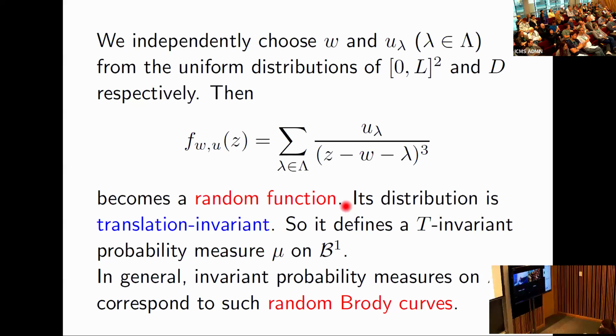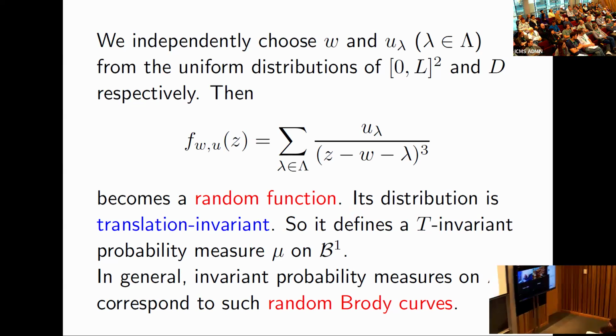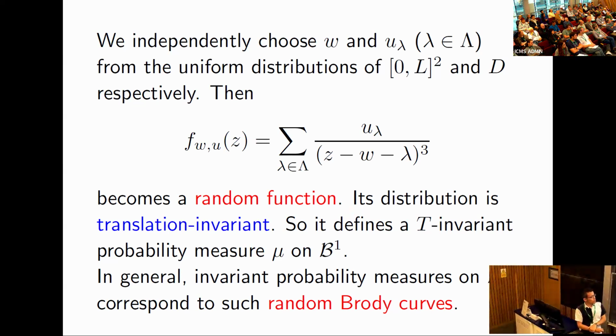Its distribution provides a probability measure on the space of Brody curves, and it is easy to check that this distribution is translation invariant. So it defines a T invariant probability measure mu on the space of Brody curves. In general, invariant probability measures on Bn correspond to random families of Brody curves.